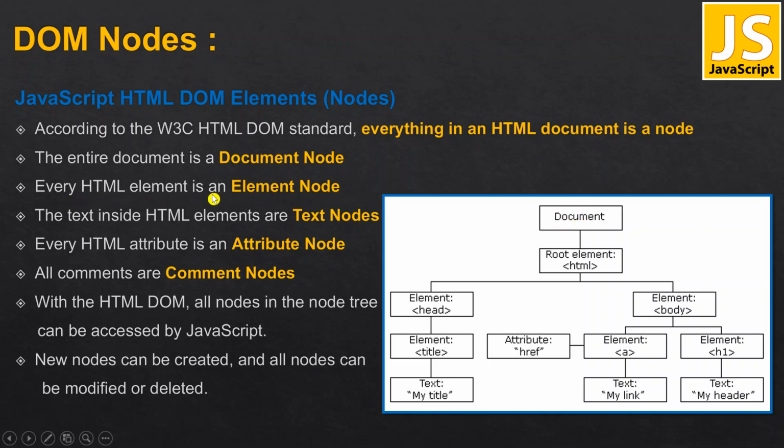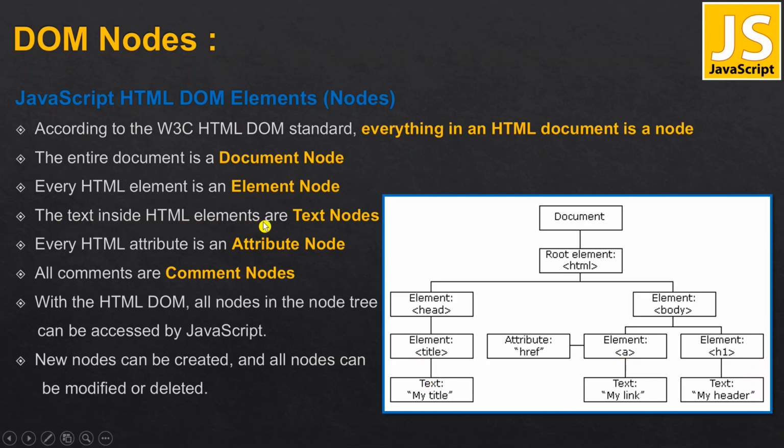Every HTML element is an element node. So these are called element nodes: head element node, title node, anchor node, header node, like that. We also call them the HTML object, head object, body object, header h1 object, anchor object, like that also.